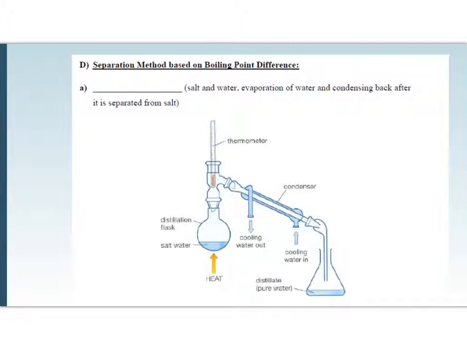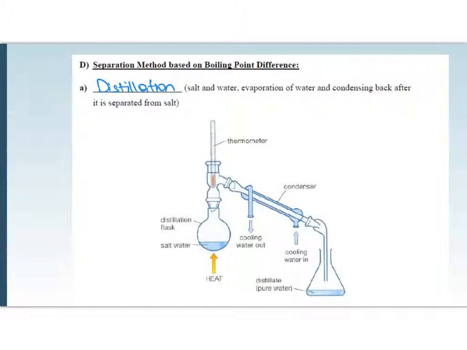Separation method based on boiling point difference. For example, if you have salty water and you have to separate salt and water into two different containers, then you apply distillation. This is also known as simple distillation, but saying direct distillation would be enough. Now in this case, you have your mixture here and you boil it, and after a while there are water vapors coming up here and going through this condenser, and in this condenser there is cold water passing through.